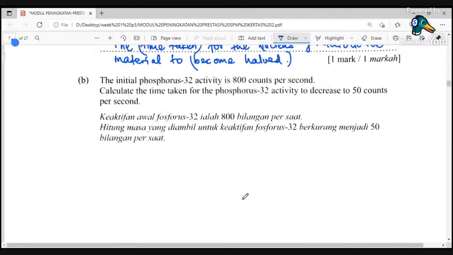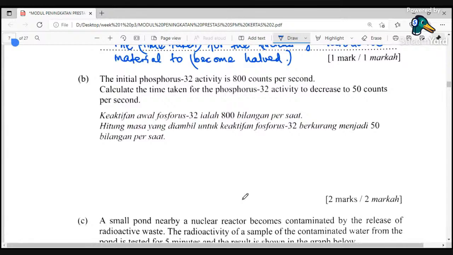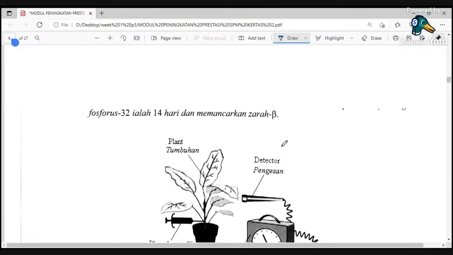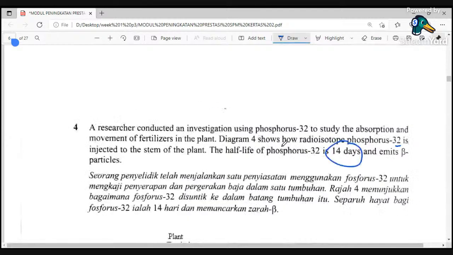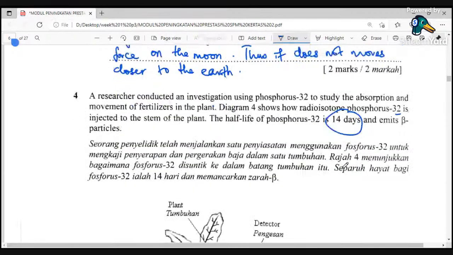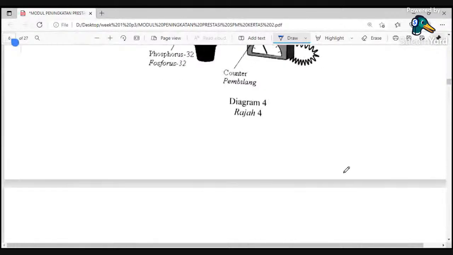Okay, KB: initial phosphorus-32 activity is 800 counts per second. Calculate the time taken to decrease to 50 counts per second. Okay, kita lihat balik information apa yang diberikan. Okay, half-life ialah 14 days in its beta.